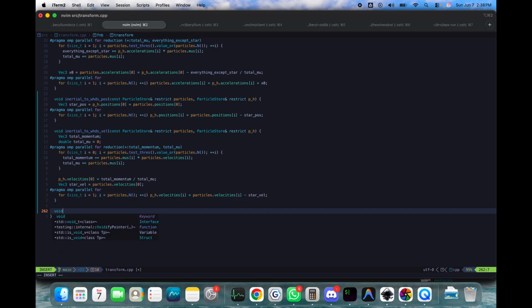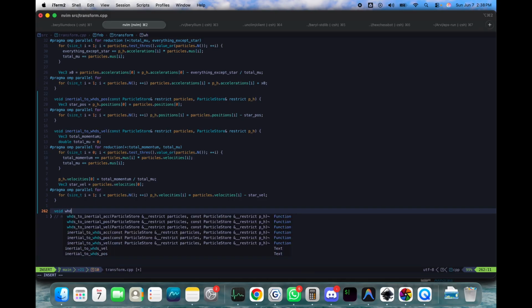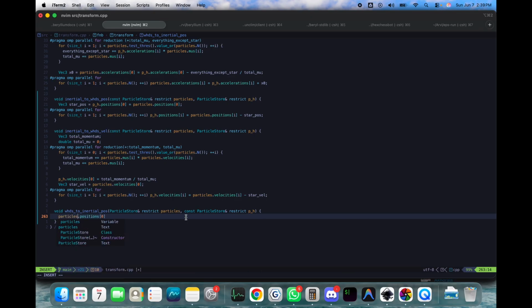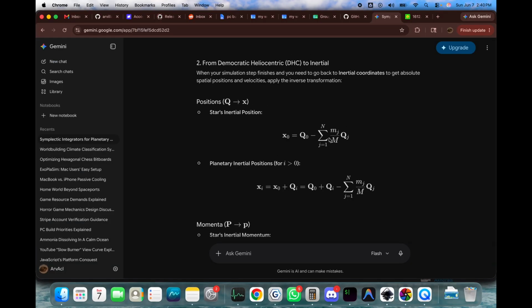Void. What is void T? Anyway, void in WHDS to inertial pause. Okay, so we have particles dot position index 0 equals Q0 minus that monstrosity.